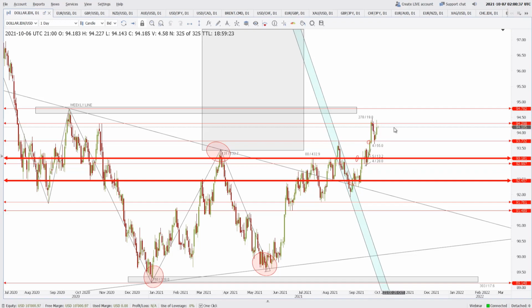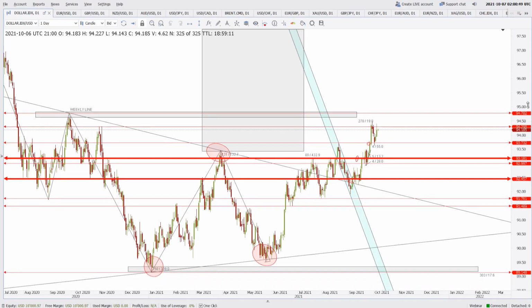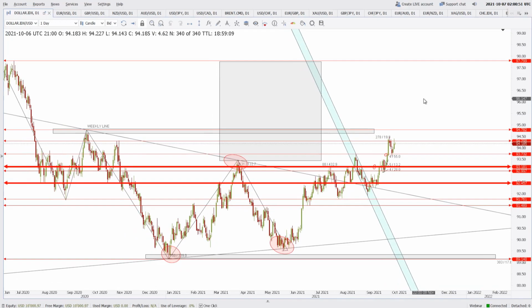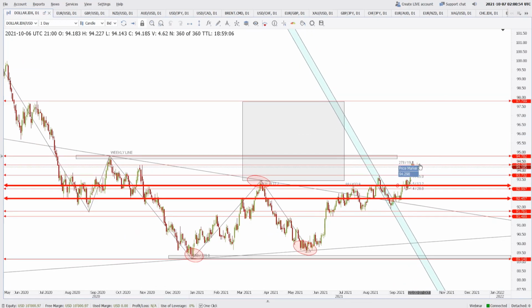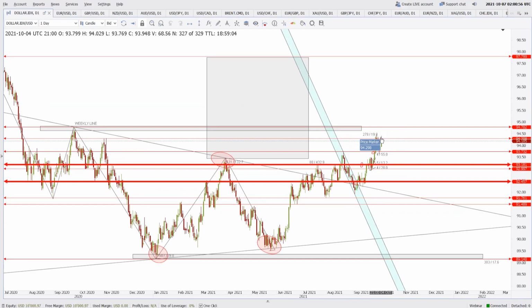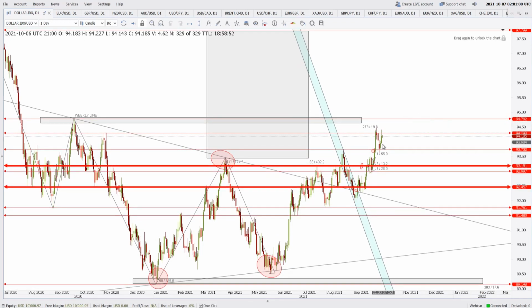Now I'm expecting the price to break through 94.29 anytime soon and try to test 94.78 as the fresh resistance. And in case that 94.78 breaks, then we have the next resistance level at 97.79, which is very much away. So if today or tomorrow or maybe the day after the price is able to break above 94.78, then there will come an avalanche type of breakdown in the pairs that are associated with the US dollar, like EURUSD, GBPUSD.